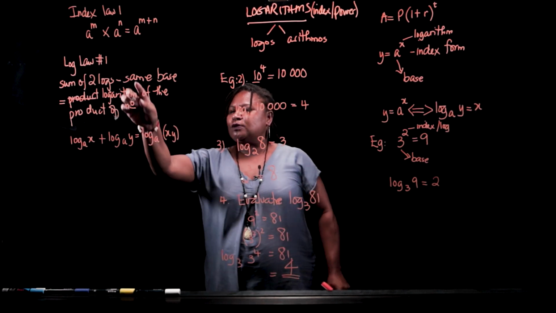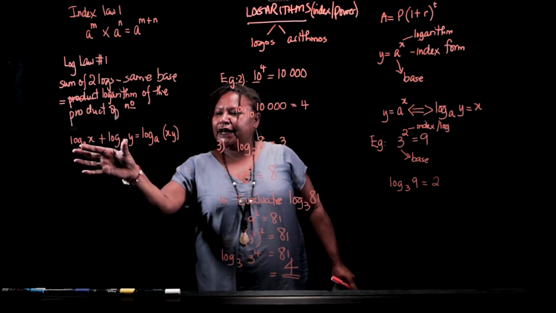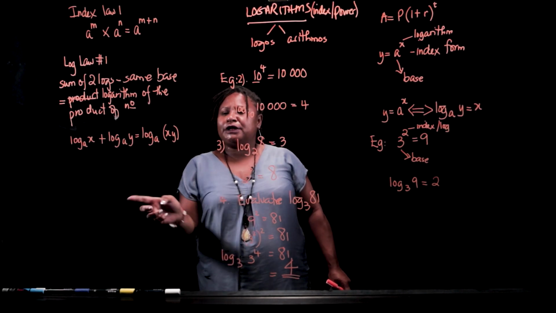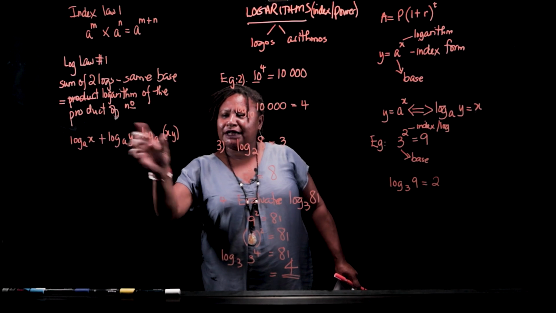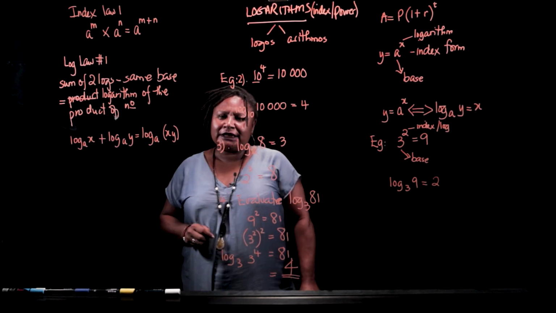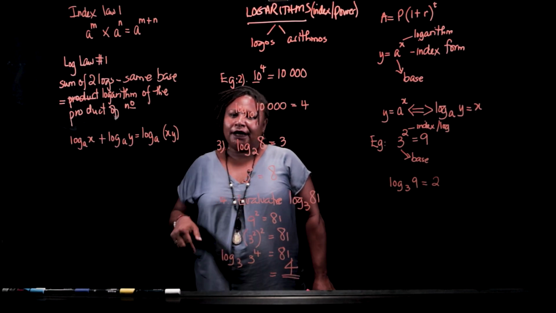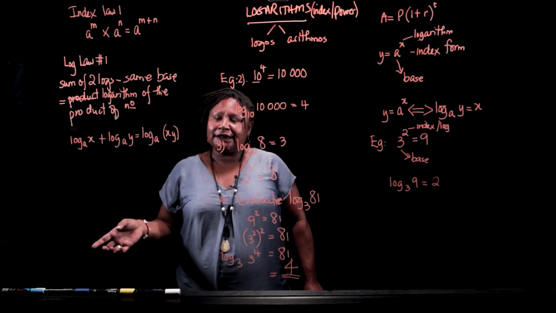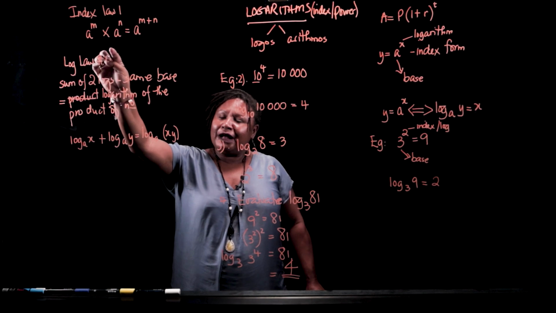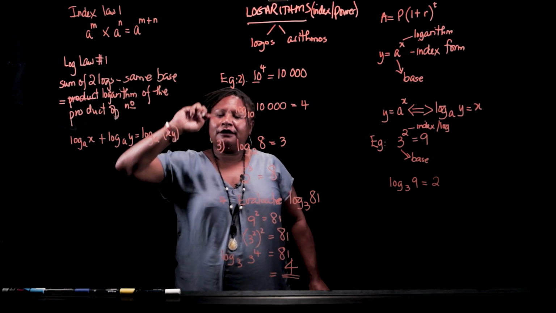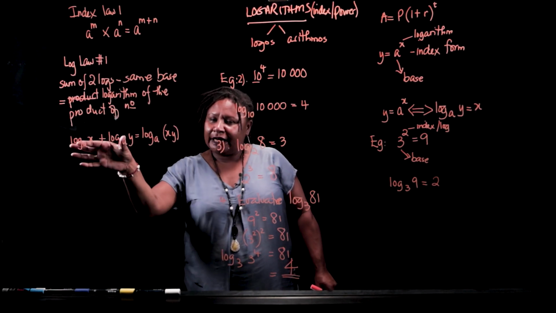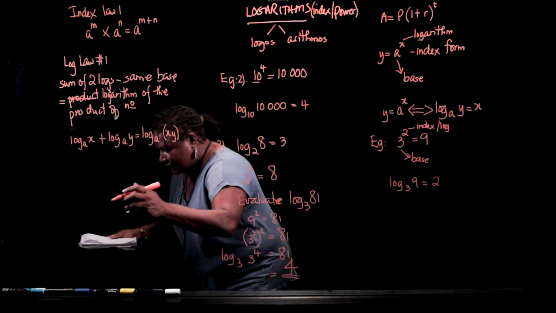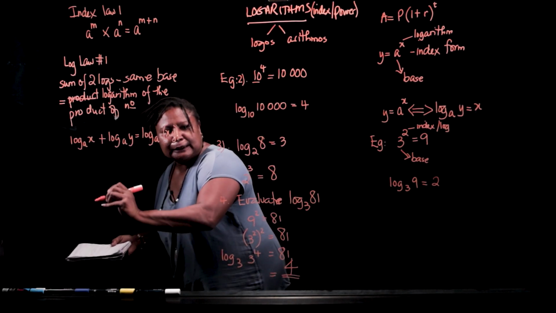So that's what the law says. If I add two logs that have the same base, then the result will be the log of the product of these two numbers to the same base. Now remember, logs are inverse to index. So in index where we multiply, then add, in logs we are adding, then multiplying. Let's add in some numbers and see.